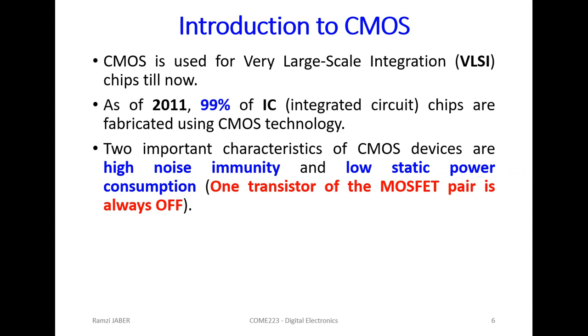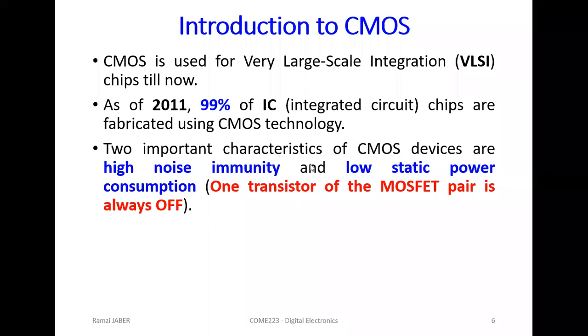Compared to MOSFET or BJT, the CMOS transistor can withstand more noise without corruption or errors in the output. So this is called high noise immunity. And at the same time, very low static power consumption.